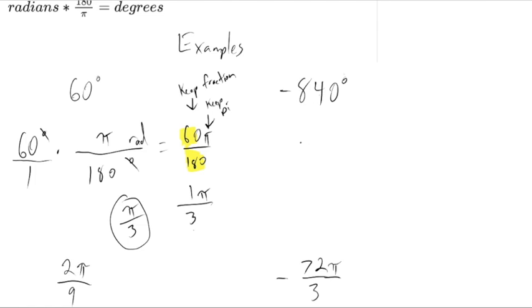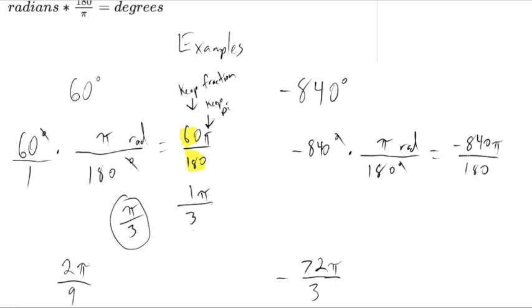Again, I'm trying to go from degrees to radians, so I'm going to keep my degrees in the denominator and my radian unit in the numerator, so the degrees cancel. So this is the same as saying negative 840 pi over 180.